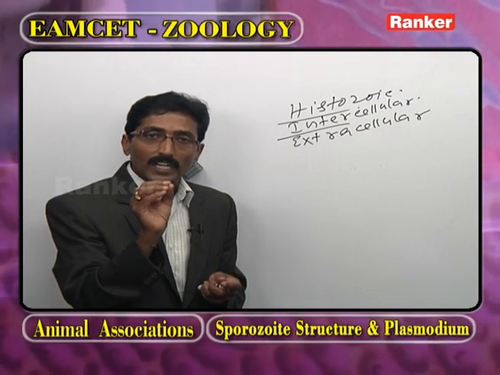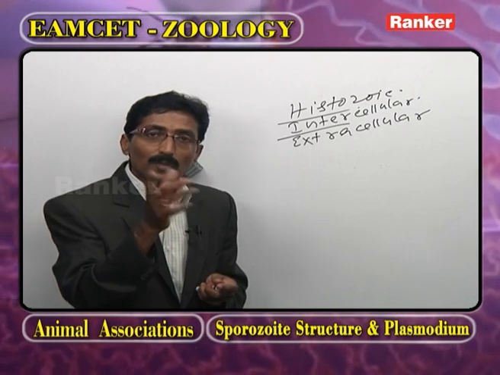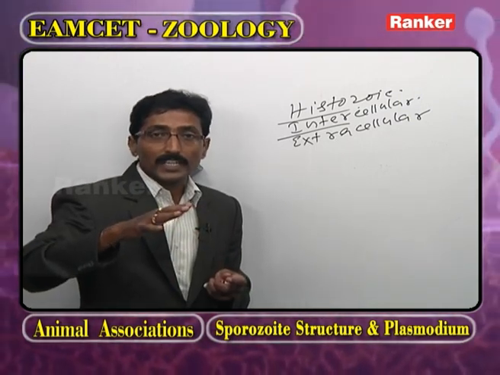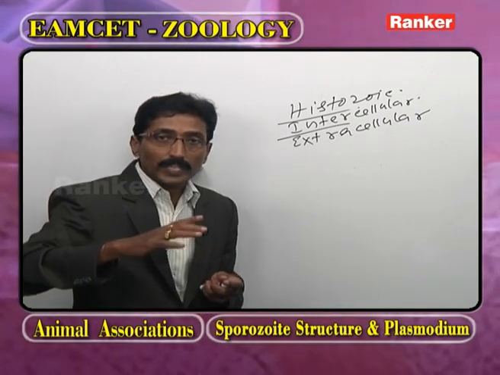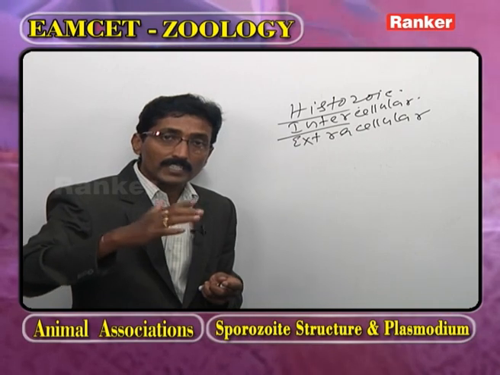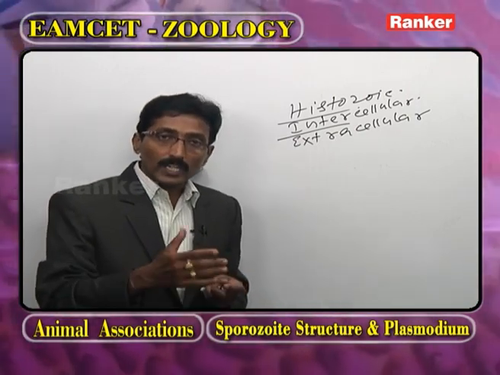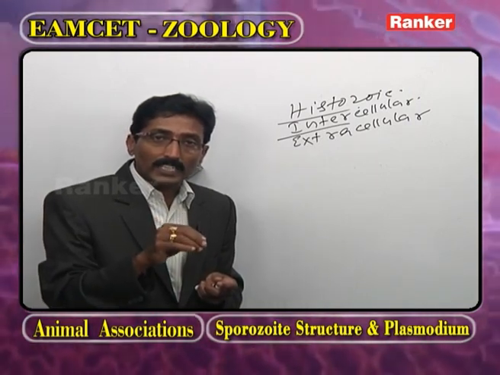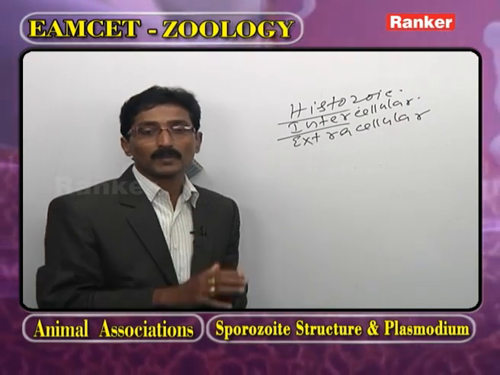Schuffner's dots are red in color. They are the antigens released by Plasmodium. But the intensity of the antigens is not always the same. From time to time the intensity varies, so till date we are unable to prepare a correct antidote for the Plasmodium that causes malaria.